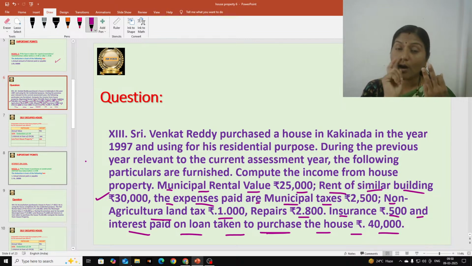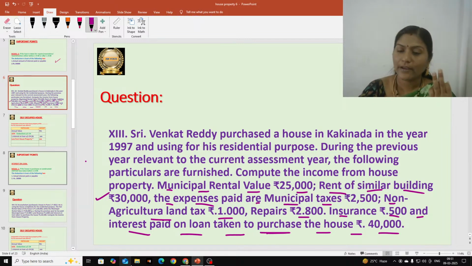How are we going to apply it? By looking at the date of the loan, on which date he has taken the loan. What is the very important date? If he takes the loan before 1-4-99, we apply model 1. If he takes the loan after 1-4-99, we apply model 2.